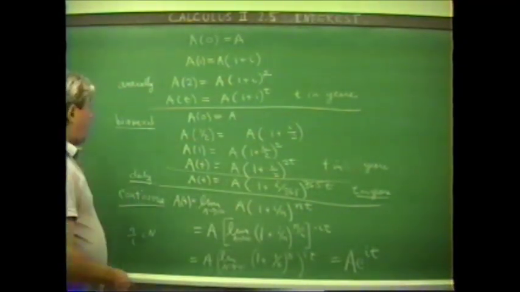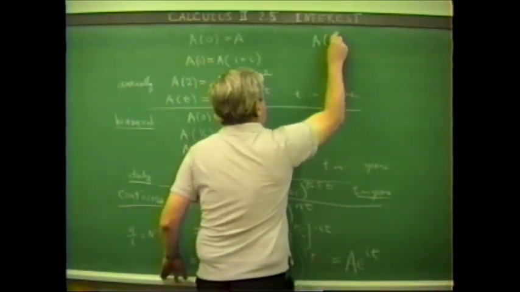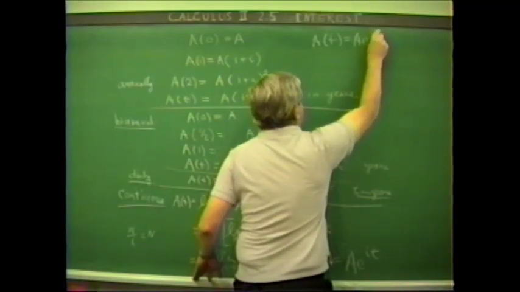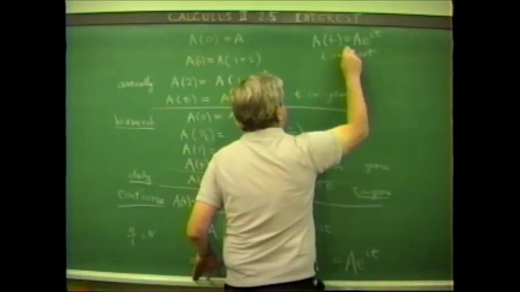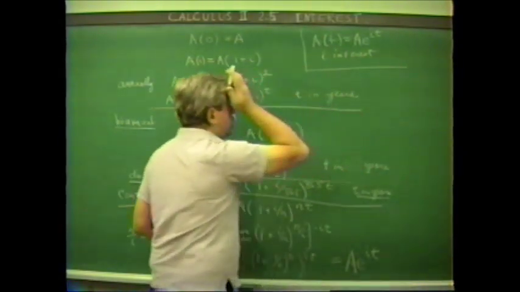So for continuous compounding, A of t is given by A e to the i t, where i is the interest rate. For example, 0.05 would be 5% interest.